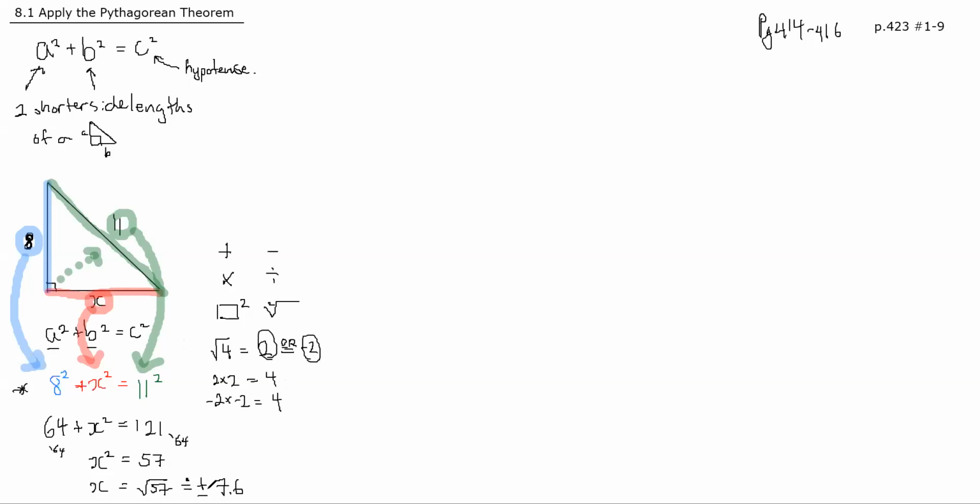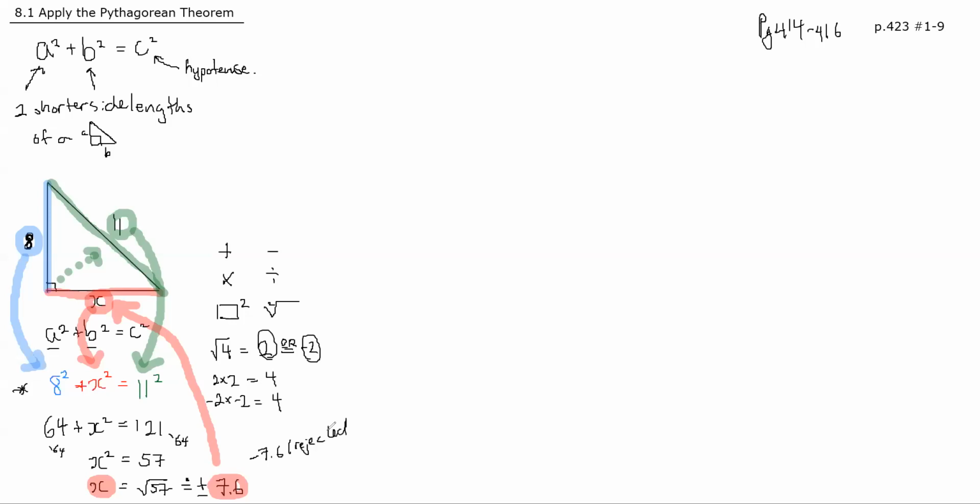What does the x refer to? The x refers to a side length. Does it make sense for a side length to be a negative? No. Therefore, negative 7.6 is rejected.